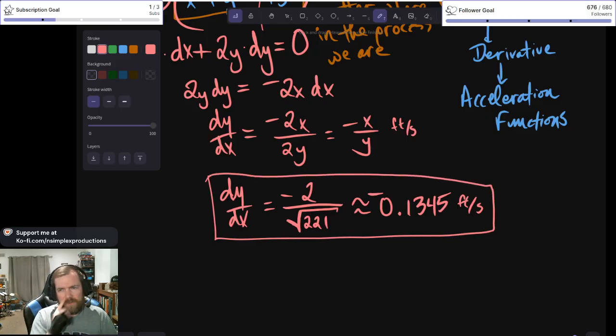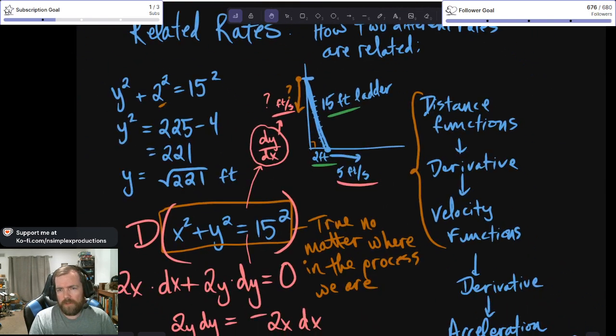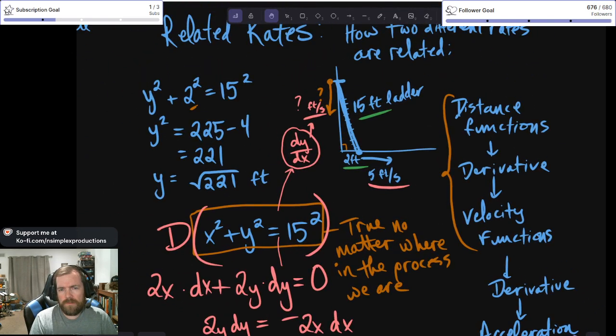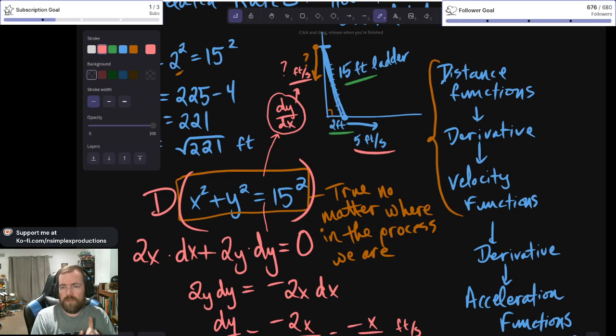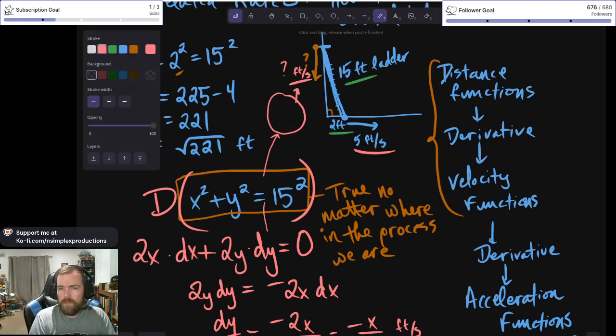Actually, that's not true, is it? It is actually feet per feet. Hang on. That's right. Because we're not taking the derivative with respect to... I just completely left out the 5 feet per second. Here's the other thing, right?